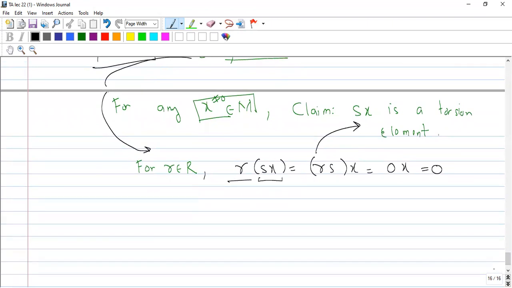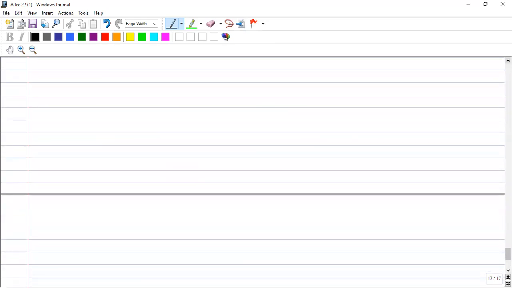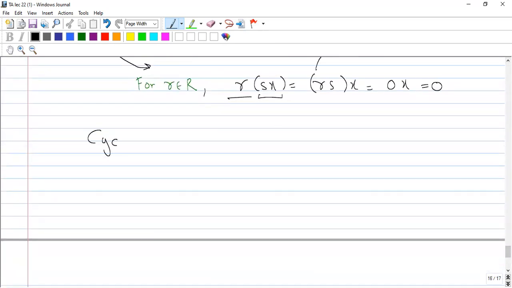Okay, now next we have a concept of cyclic R modules. It is like a cyclic group. Just as a cyclic subgroup is a subgroup generated by a single element, and a group generated by a single element is called a cyclic group, in the same way, if a module can be generated by a single element, then that module is called a cyclic R module.